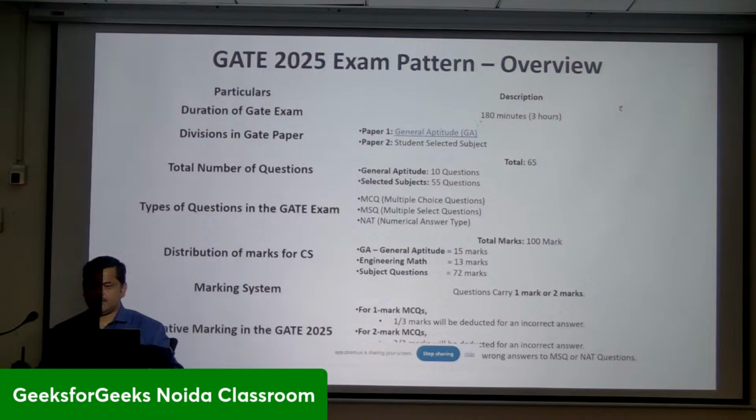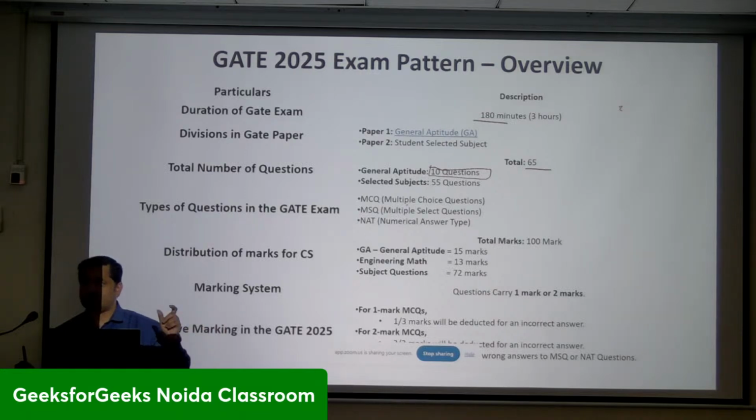So we are talking about the duration, which is 180 minutes, and the total number of questions is 65, out of which 10 questions are related to aptitude. So this is straightforward that the weightage of the core courses varies. It is defined as 4 to 5% only, but sometimes it is 7 to 8%.